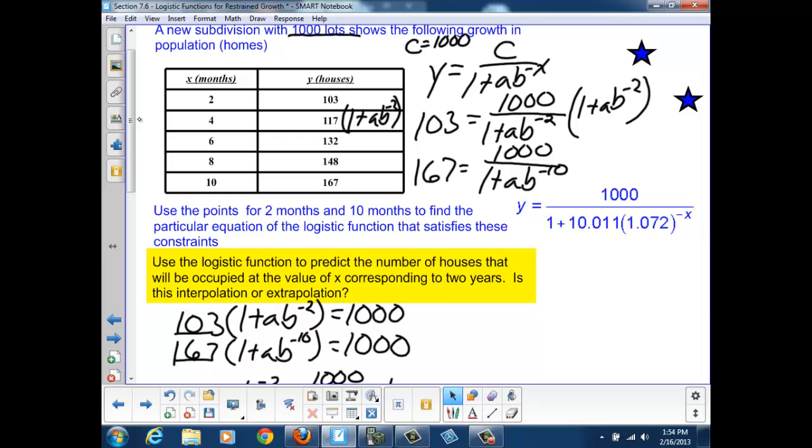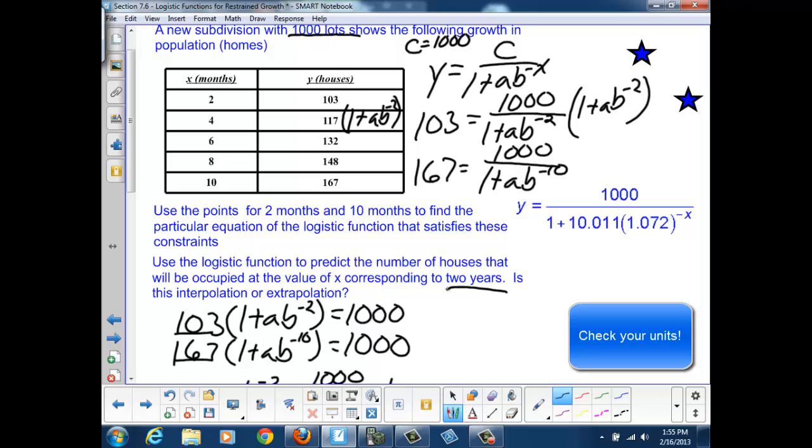we want to predict the number of houses that will be occupied at the value of x corresponding to 2 years. Is this interpolation or extrapolation? Well, let's put these values into our calculator, and then we have to recognize that this is actually a bit of a trick question, because when they say 2 years, we have to recognize that x was originally given to us in months.